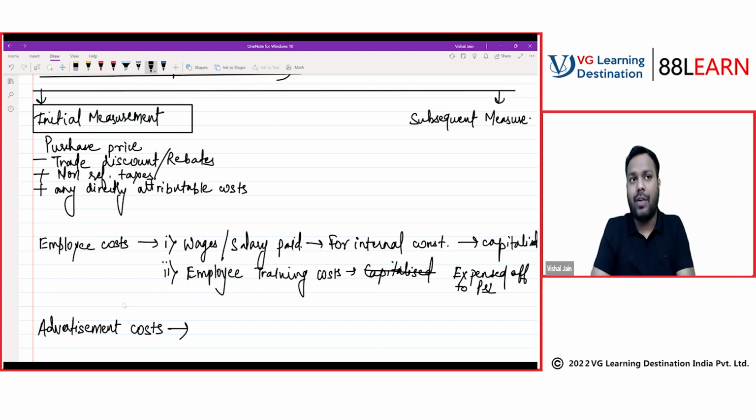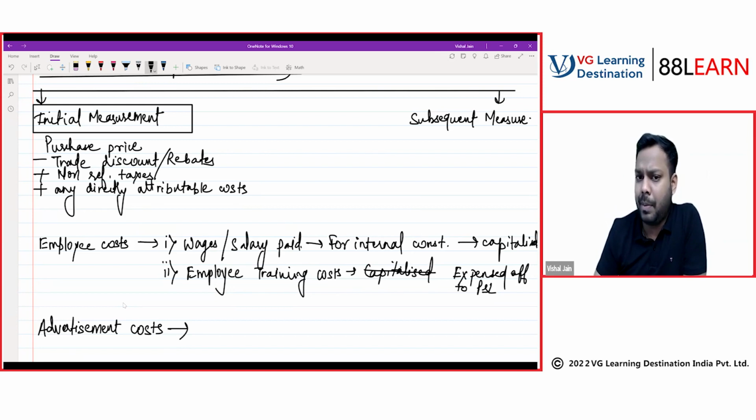Okay, let's suppose we have incurred advertisement costs. Can I bind the persons or the customers who have seen the advertisement to purchase the product from me?